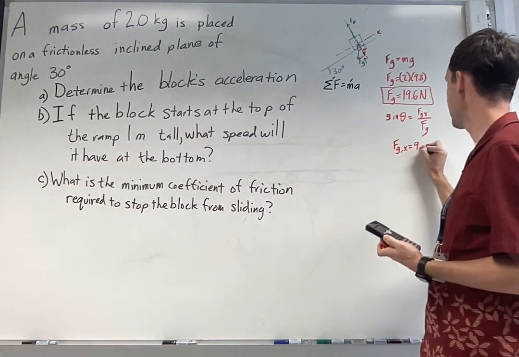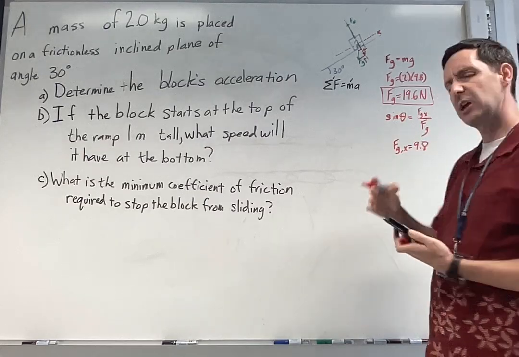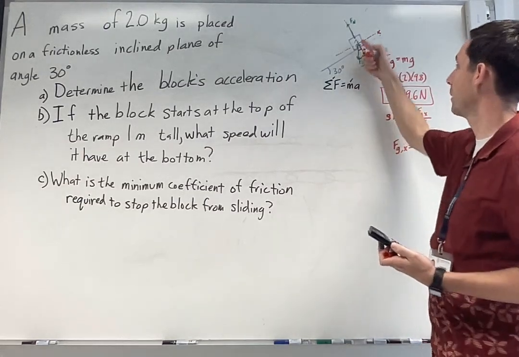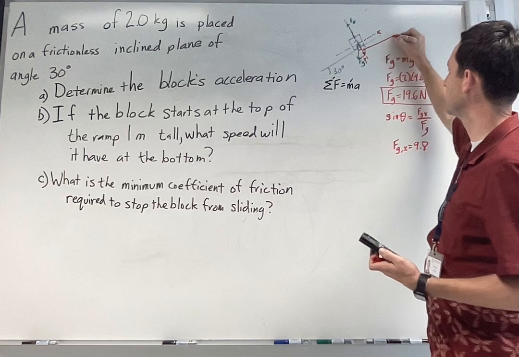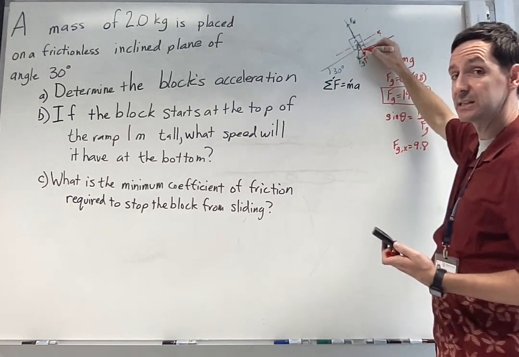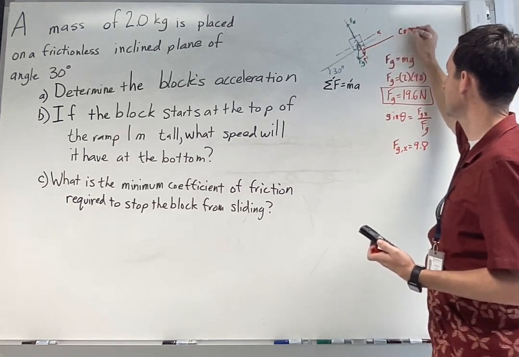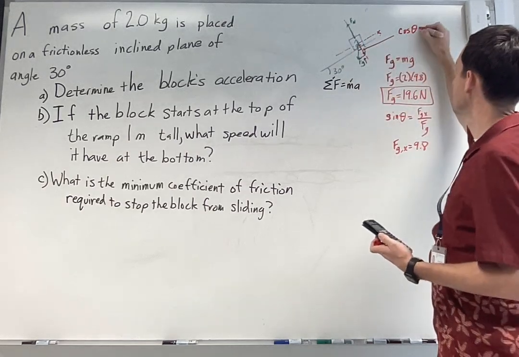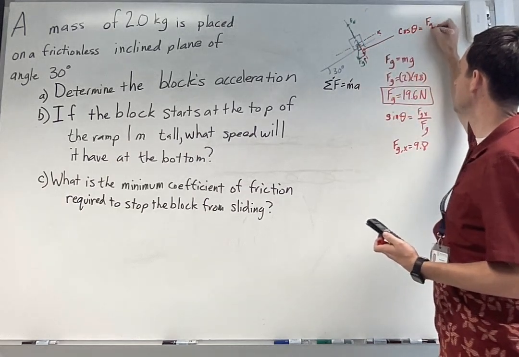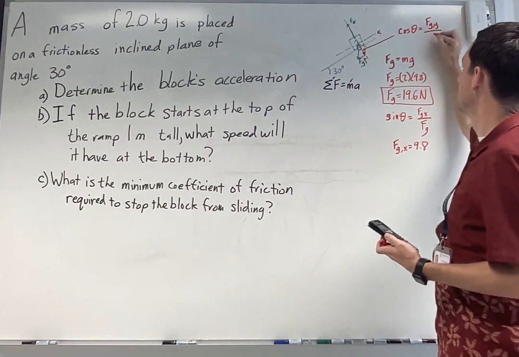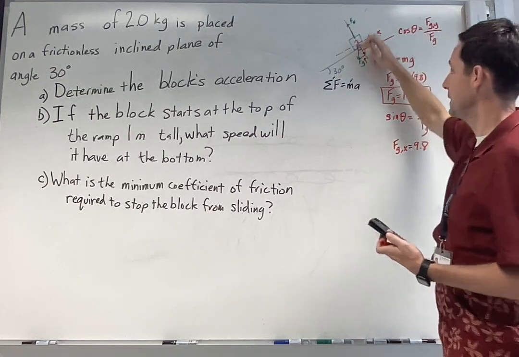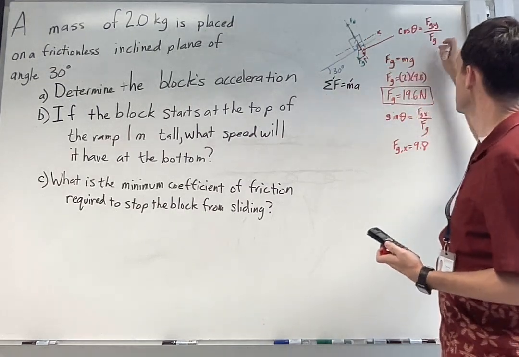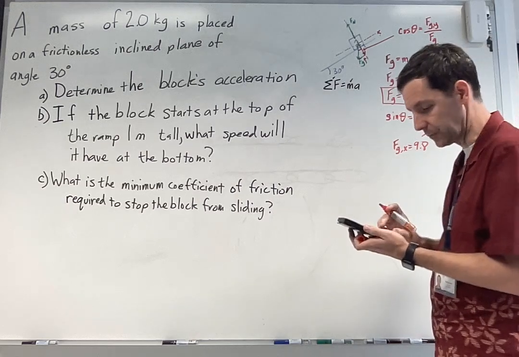So that means FGX is 9.8. And I'm also going to go ahead and find the vertical component here because I am going to need that later. And so that's the adjacent side. So I'm going to do cosine of theta. That would be adjacent over hypotenuse equals FGY over the hypotenuse, which is FG. So again, FG is that 19.6.